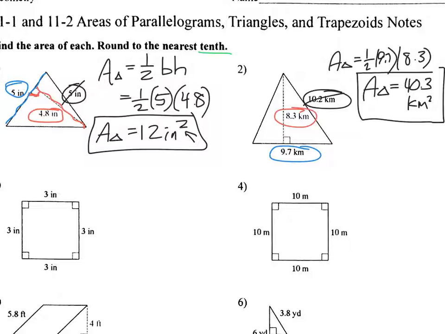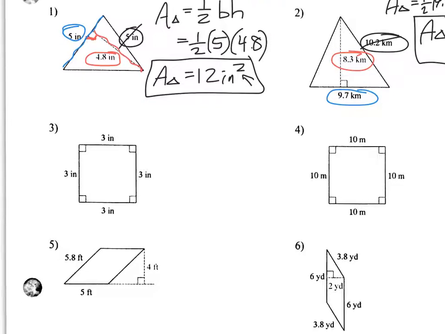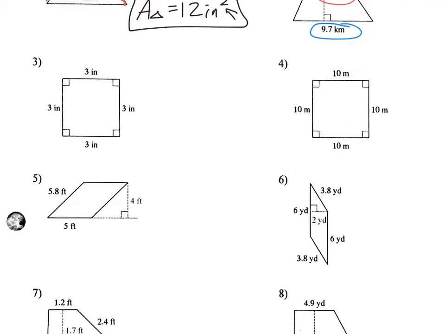All right, so that's area of a triangle. Pretty straightforward. Next one, parallelograms. Okay, parallelograms can be a lot of things. All 4 of these, 3, 4, 5, and 6, are parallelograms. We just remember we call 3 and 4 a square.